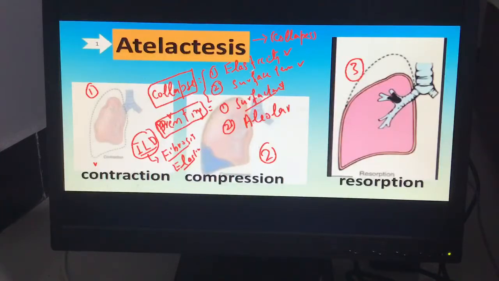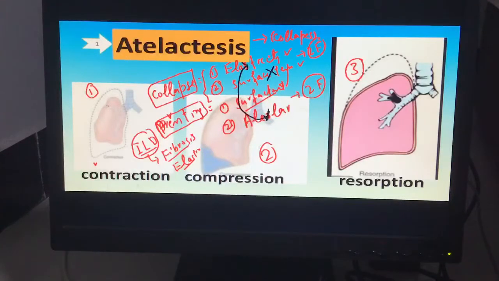These two forces try to collapse the alveoli. The two preventing forces are the surfactant, which can cancel the effect of surface tension, and the alveolar air, which works against elasticity.